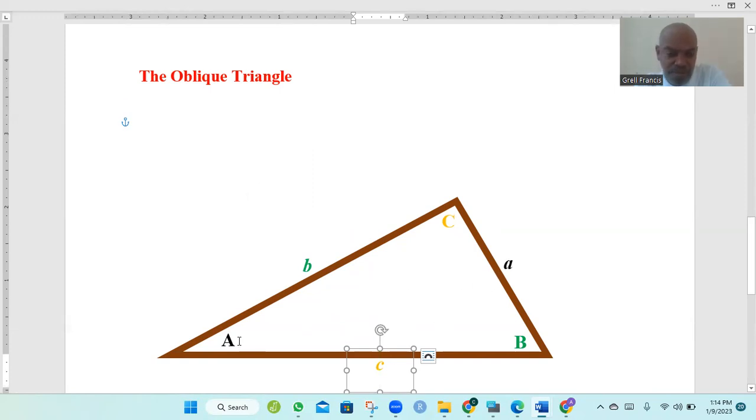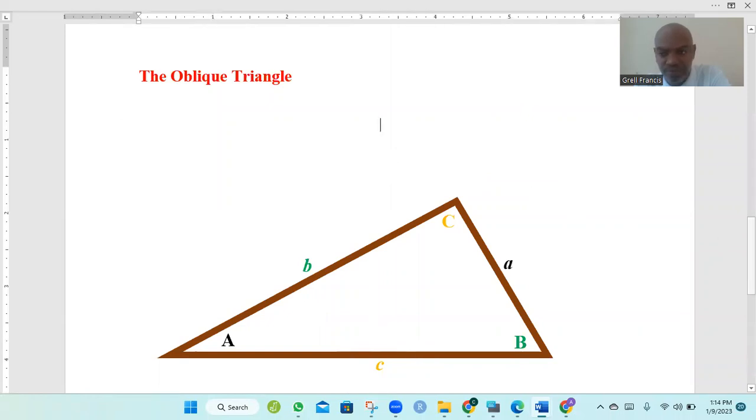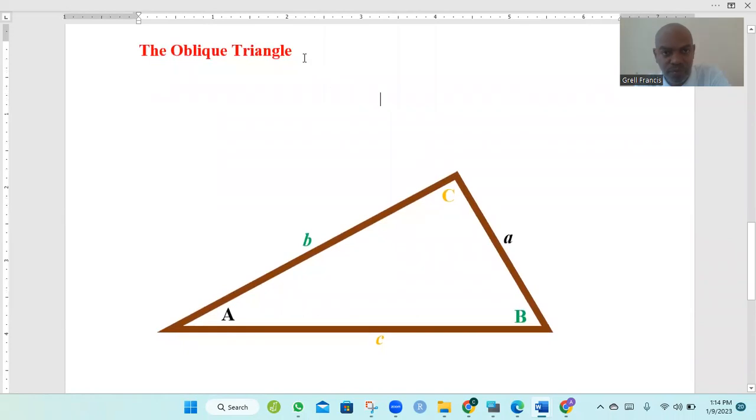So side a, angle A. Side b, angle B. And side c, angle C. Lowercase a is opposite to uppercase A. Lowercase b is opposite to uppercase B. Lowercase c is opposite to uppercase C. Side opposite to angle, side opposite to angle, side opposite to angle. So please write this down.